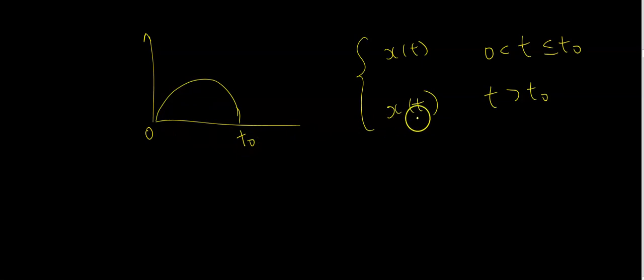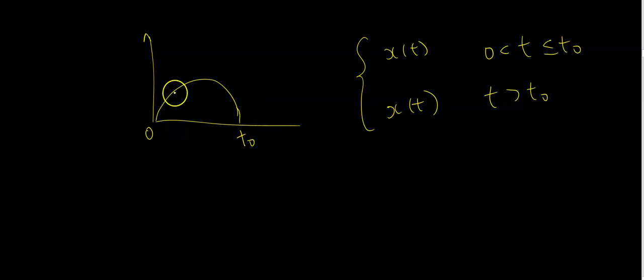The solution when t was greater than t naught was basically just a time delay of the solution for the region 0 to t naught, and then solving that problem.